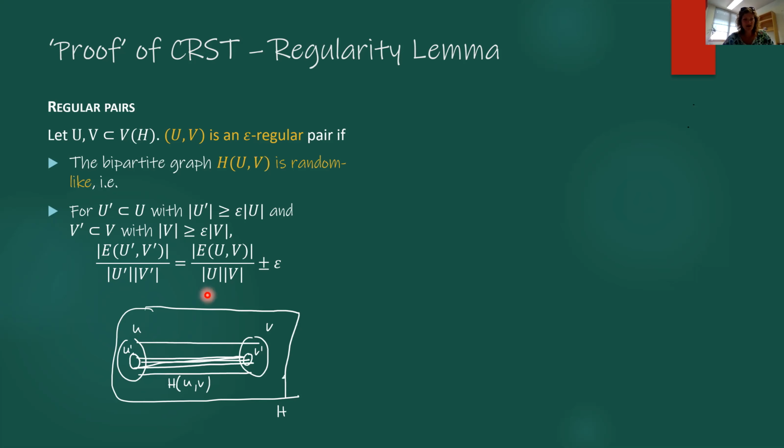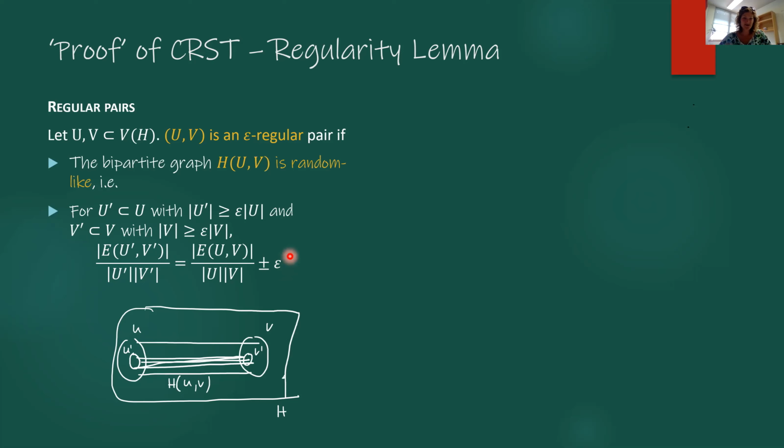Well, because that's what happens in the random graph. So if you imagine putting edges in here at random with probability, say, 1/2, then between U prime and V prime, you will indeed see typically 1/2 of the edges. This epsilon, again, not something for you to worry about, but it is a measure of how regular. So the smaller the epsilon, the more regular this pair is.